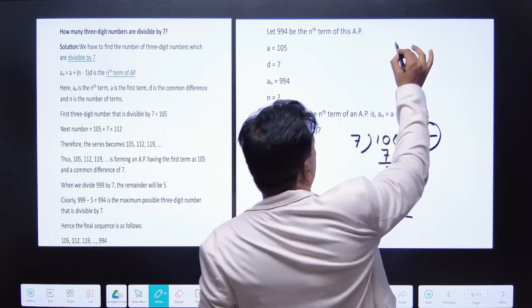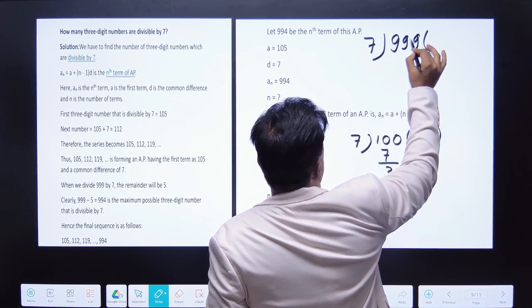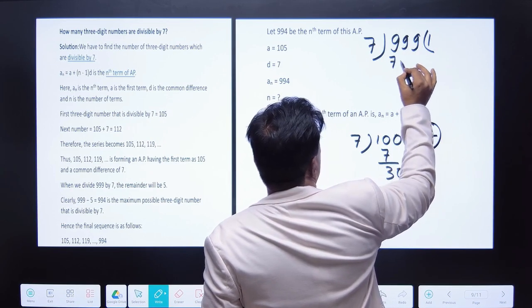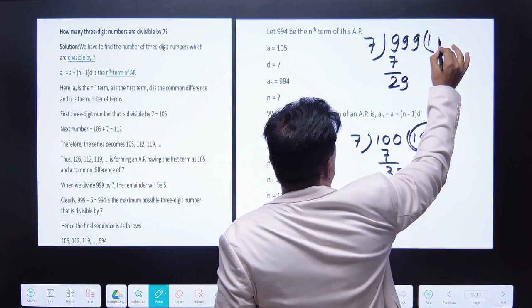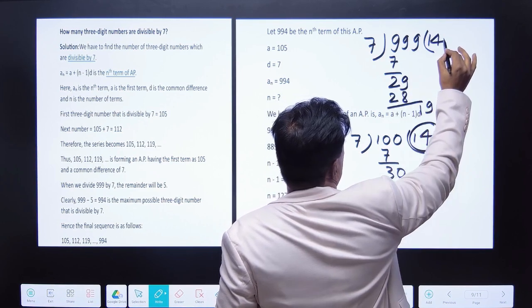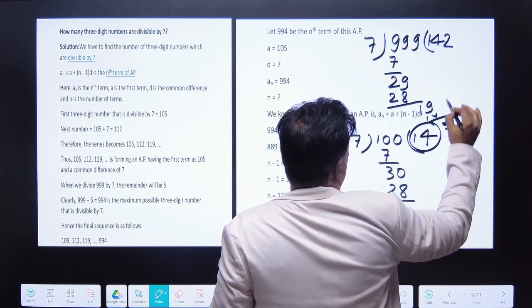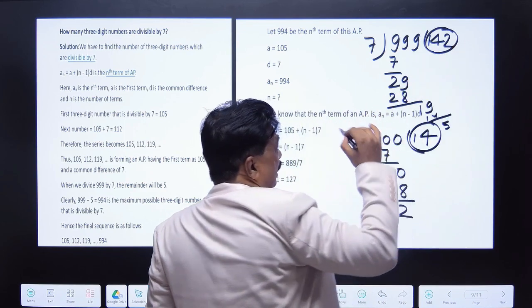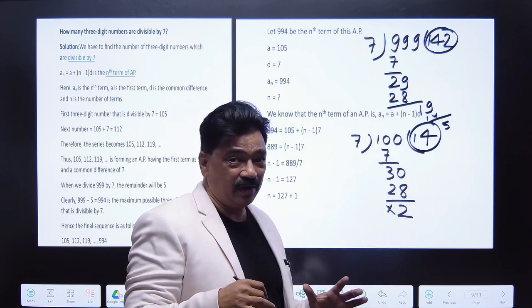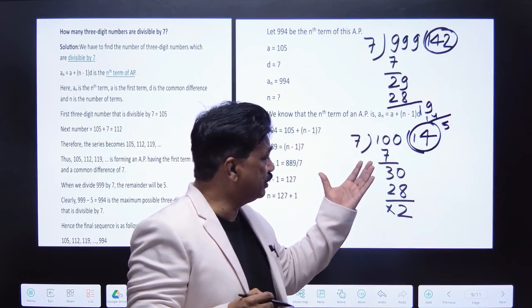And then we take the largest 3 digit number, and then we divide it by 7. 7 ones are 7, 7 fours are 28, and then what happens? 119, and then 7 twos are 14, and I get 5 as a remainder. So that means till 999 there are 142 numbers divisible by 7, and till 100 there are 14.